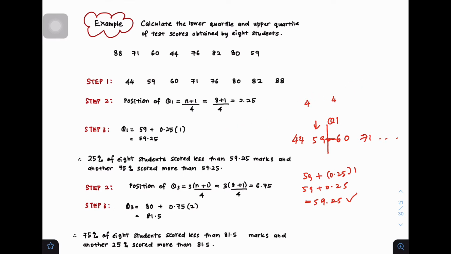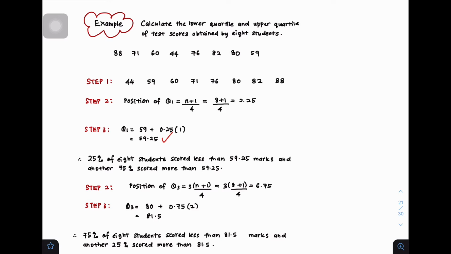Tadi kita dah check untuk lower quartile Q1, position dia adalah pada 2.25, data yang ke 2.25. So kita dah check data yang ke 2.25 adalah 59.25.